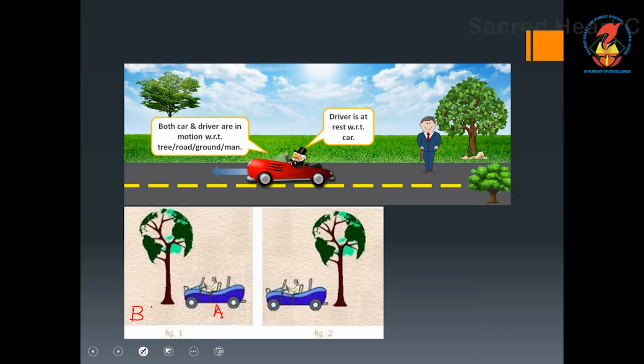When you view the same car after some time, you can see that the car is at the point B. So the position of the car changes from A to B during a time interval.